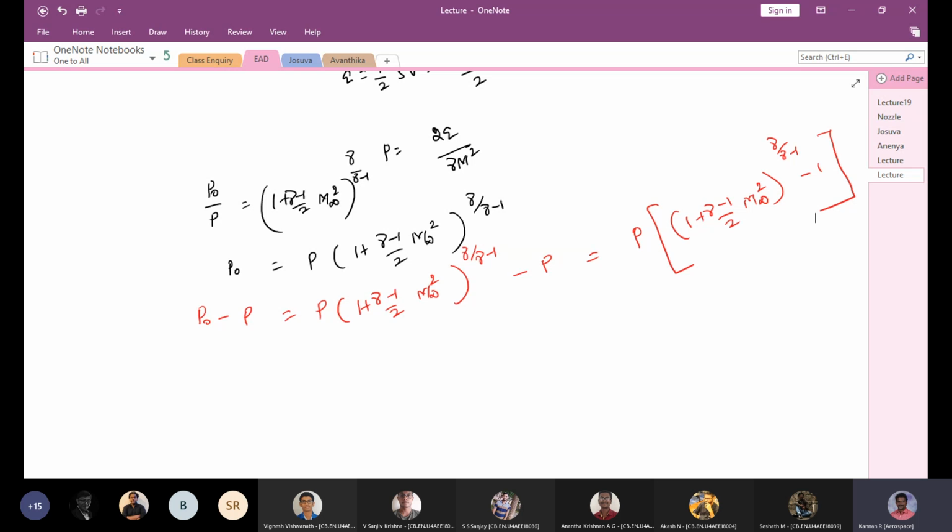Okay, so now we can rearrange this, your P as 2Q, already we proved that. So your P naught minus P is equal to 2Q by gamma M square into 1 plus this one.